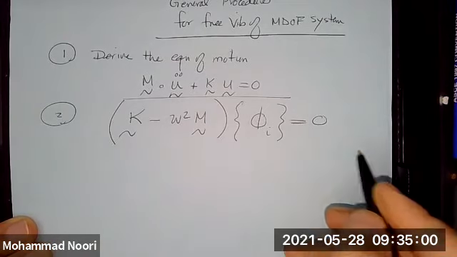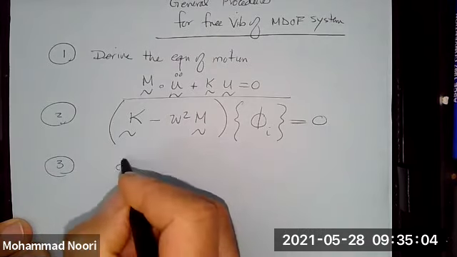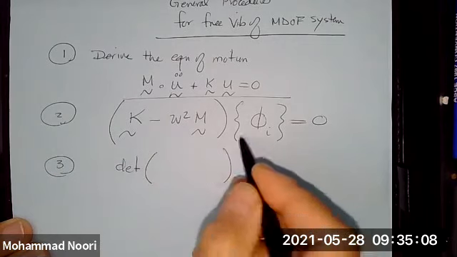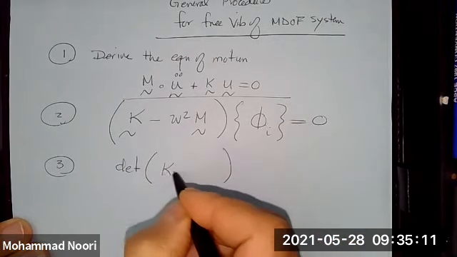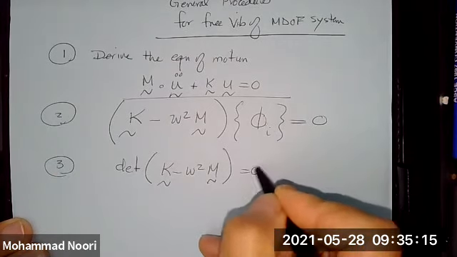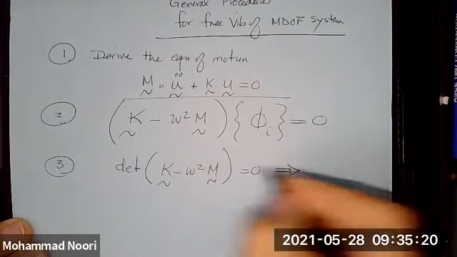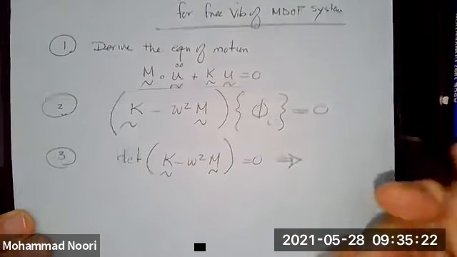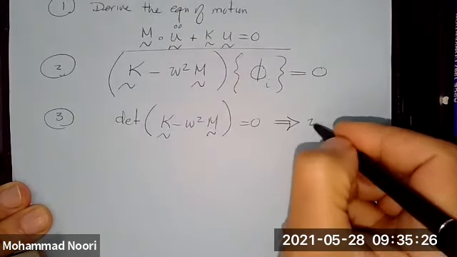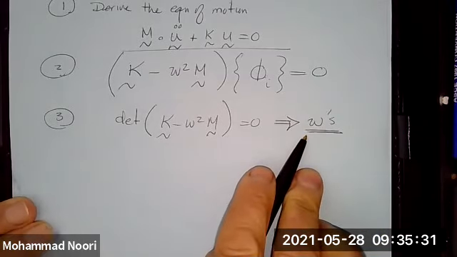Then you set up the determinant of these unknown coefficients, k minus omega squared m equal to 0. This gives you a polynomial equation, in the case of a 2 degree of freedom system, only a quadratic equation, that you solve for omegas.